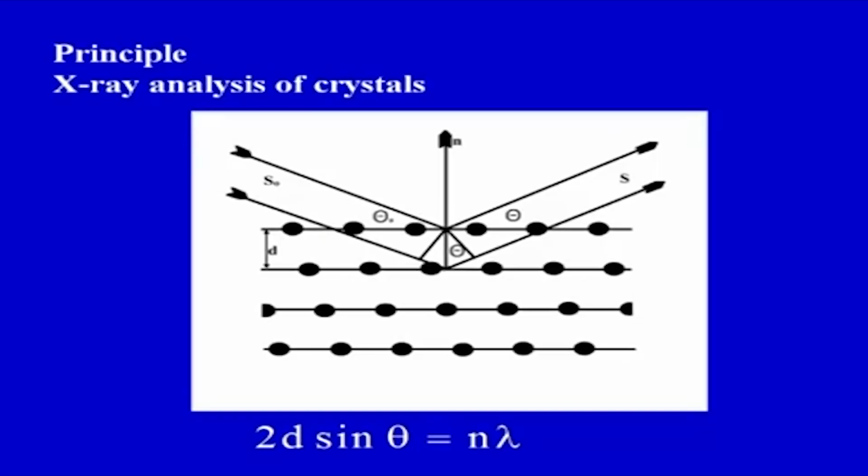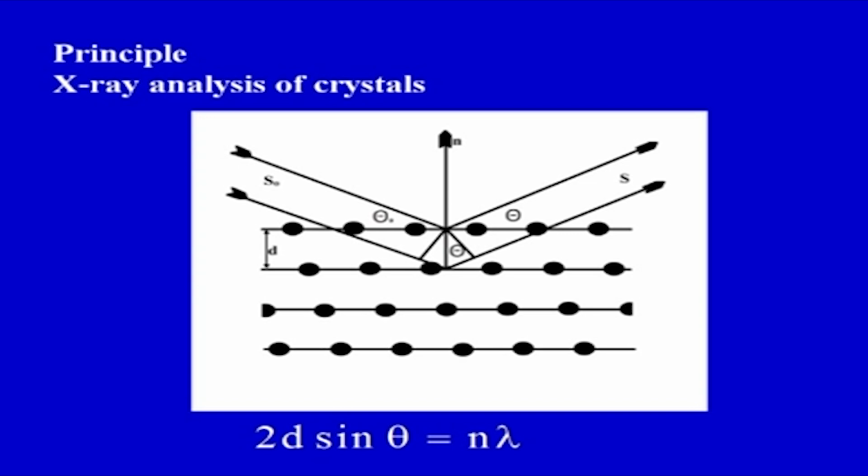If we consider the crystal here, the molecules, or you can say atoms, are arranged in different planes. These are the diffraction planes, and this is the distance between the two diffracting planes.